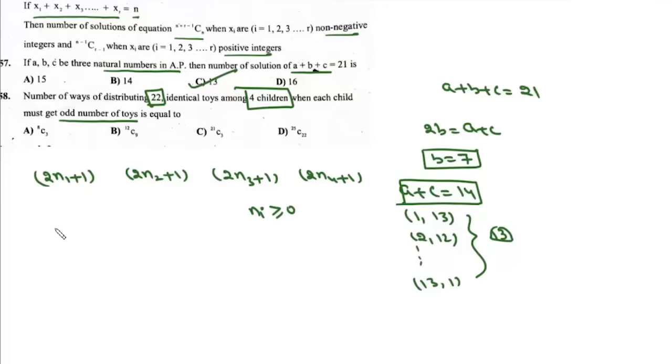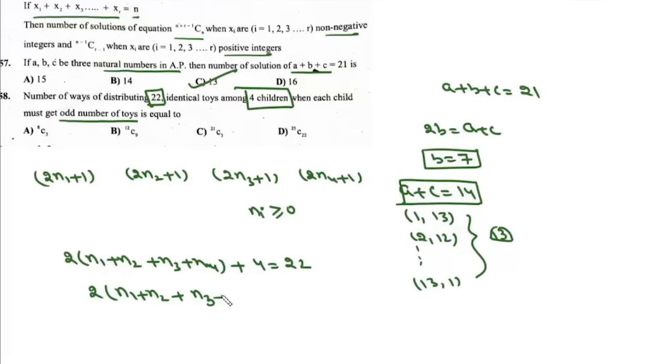Now the sum of all the toys will be 2(n1 plus n2 plus n3 plus n4) plus 4, and it is equal to 22. So 2(n1 plus n2 plus n3 plus n4) will be 18.